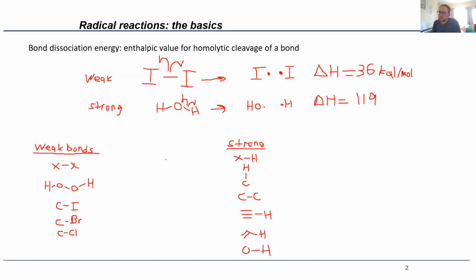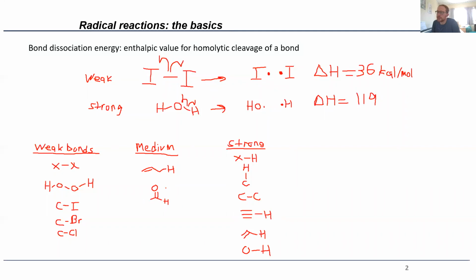And then there's some that are kind of medium in their bond strength, and so we'll list them out. Those are things where the radical is stabilized in some sort of form, and we'll talk about this more on the next slide.